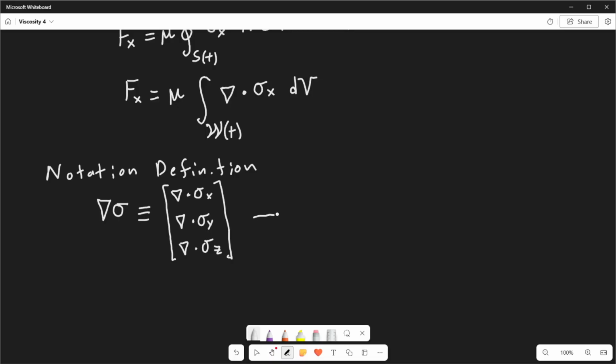But basically what this leads to for F of x is that the force overall, of viscosity, can be written in this compressed form.